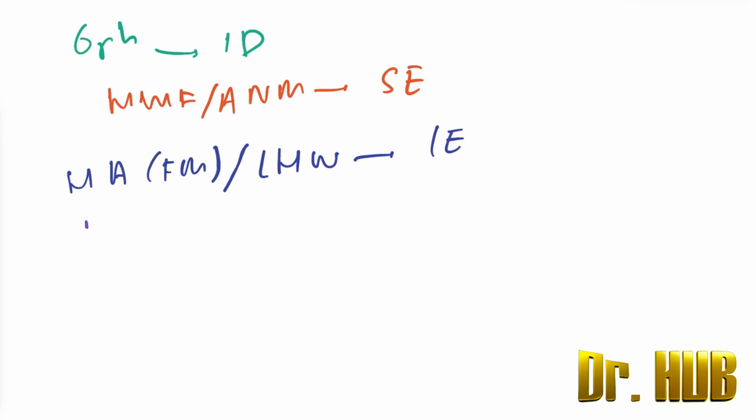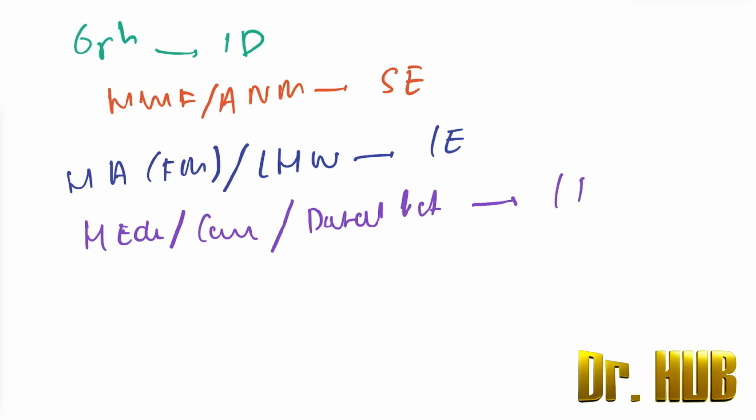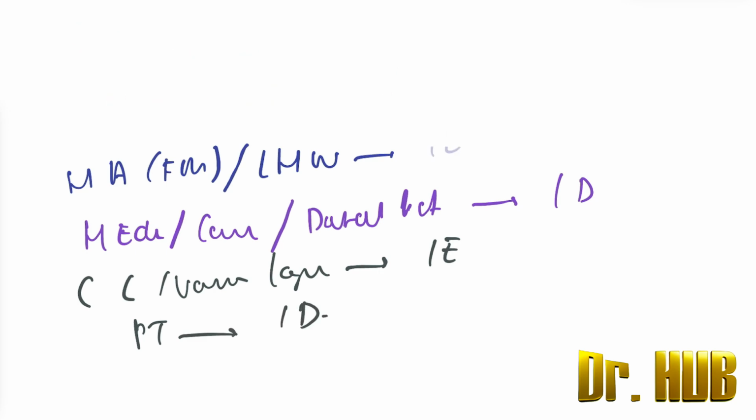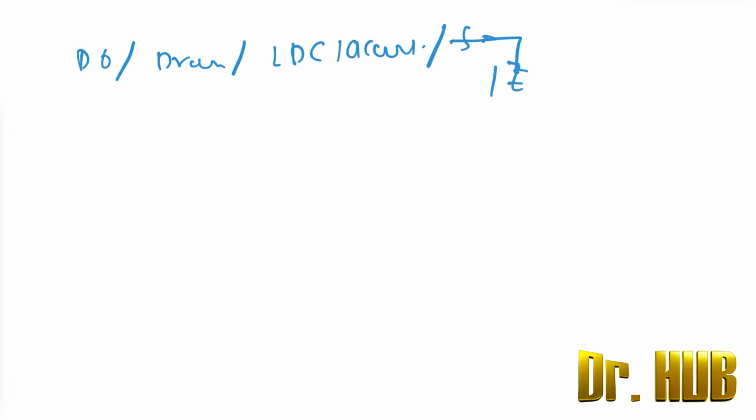Then the health educator or the counselor, then the dental assistant, will be 1D each. And the cold chain and the vaccine logistic will be 1E. Then the physiotherapist is going to be 1D. Next, the data operator, then the dresser, then the LDC1, the accountant, all will be 1E. Then the sanitation staff is going to be 4.